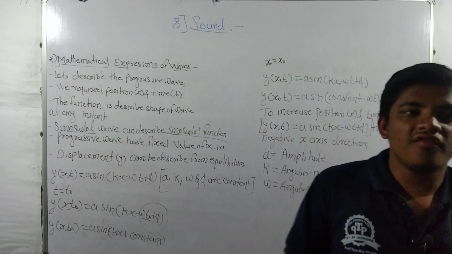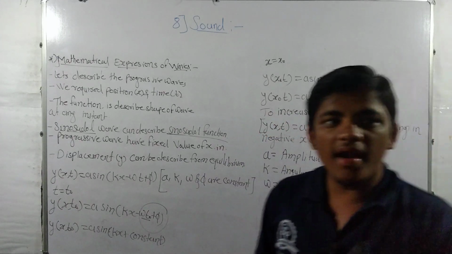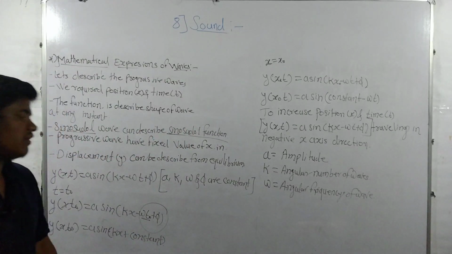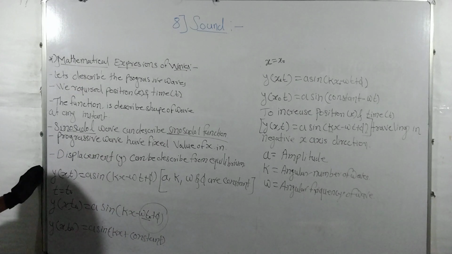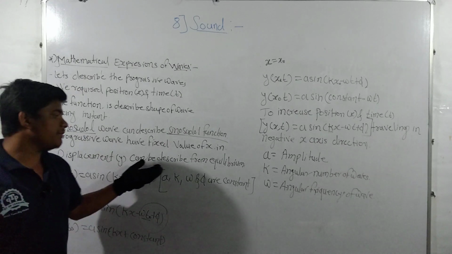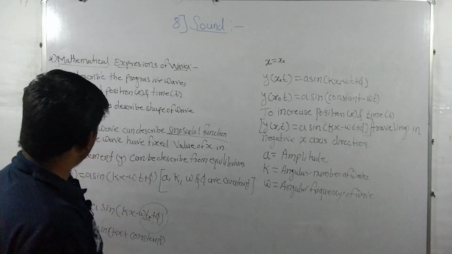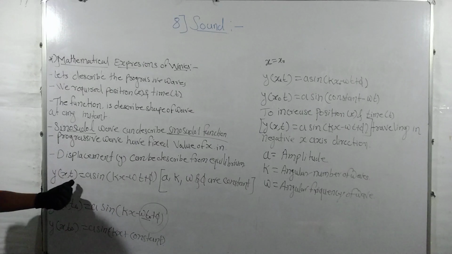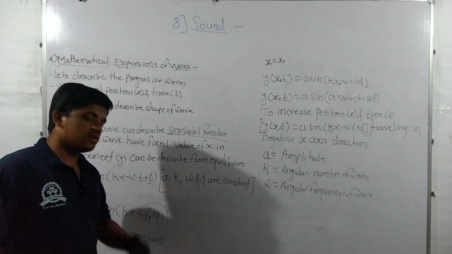The progressive waves transfer the positions of the particles of the medium from a fixed value of x. Displacement y can be described from the equilibrium of the progressive wave. Then displacement y(x, t) is equal to a sin(kx minus omega t plus phi).